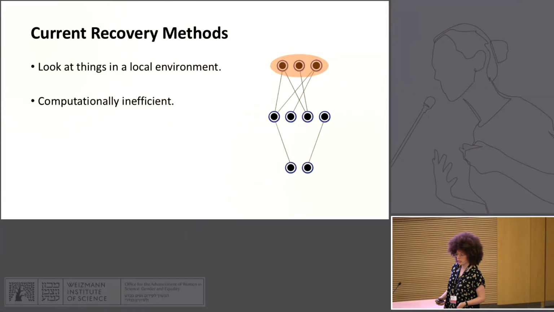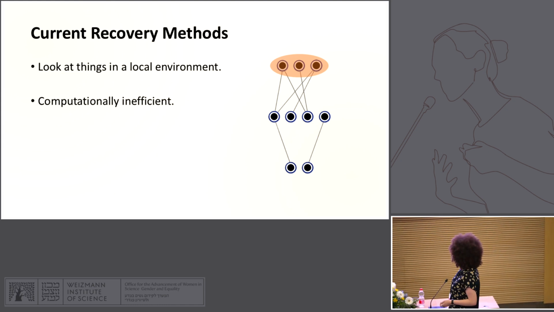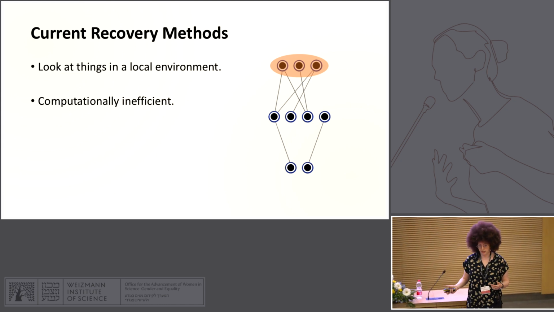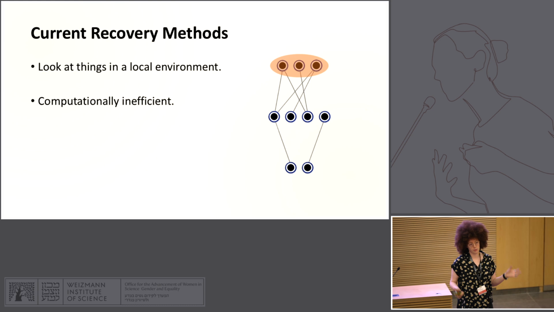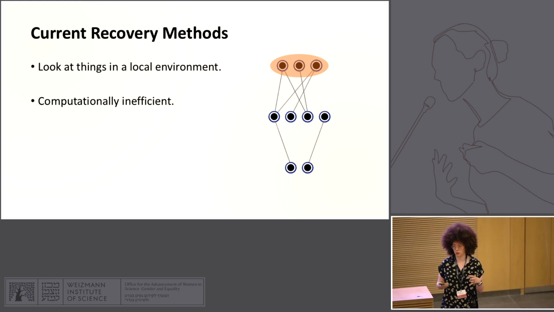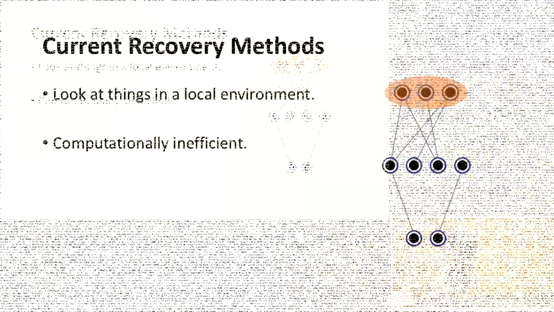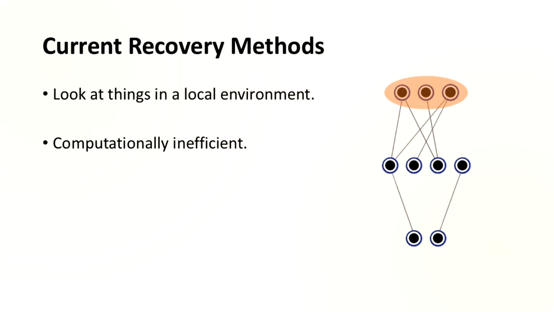There are many current recovery methods, but most can be sorted into two brackets. The first look at things in some sort of local environment. What does that mean? I can divide the equation into segments and solve it only at those. So I start by looking at these three neurons.